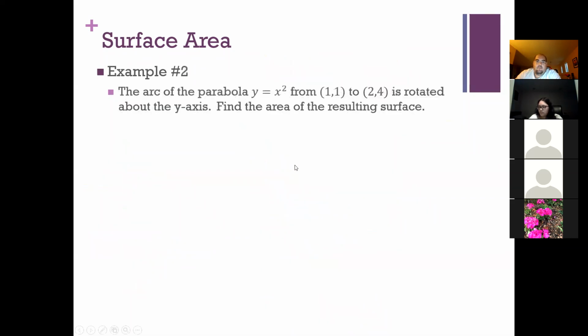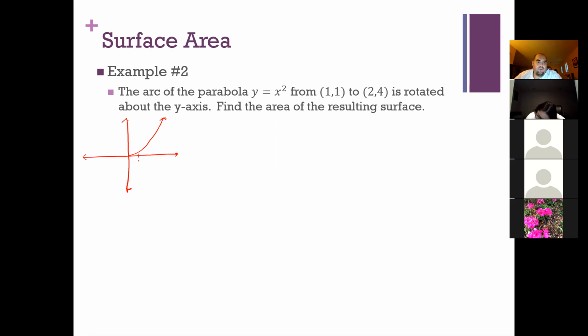Okay. All right, so now I have a parabola, and I want to rotate this around the y-axis. So again, let me draw you a quick graph to help us get our bearings. Oh, and really, I'll just draw the part that I need, anything to the left of the y-axis.